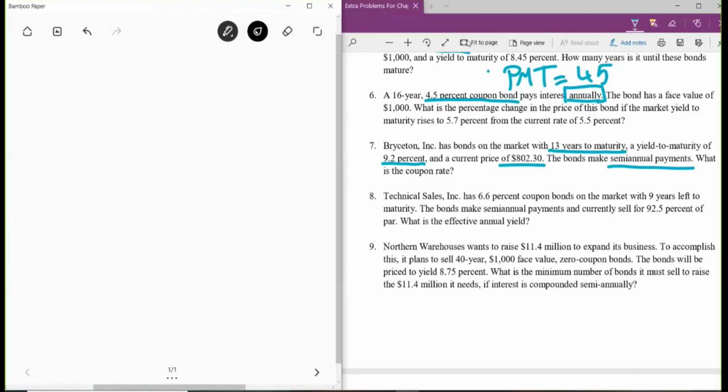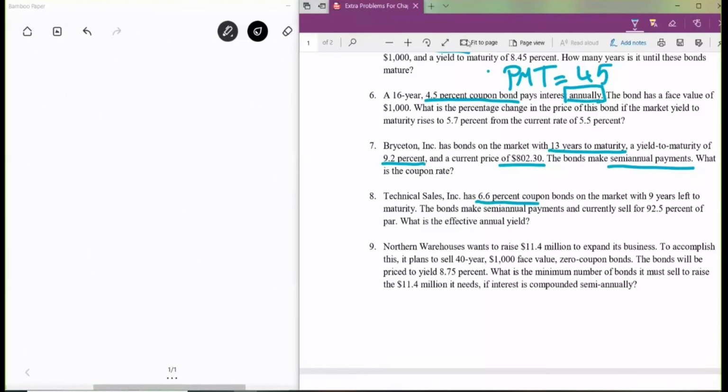Number 8, we have a 6.6% coupon bond, 9 years left to maturity, semi-annual payments. They're selling for 92.5% of the par value.